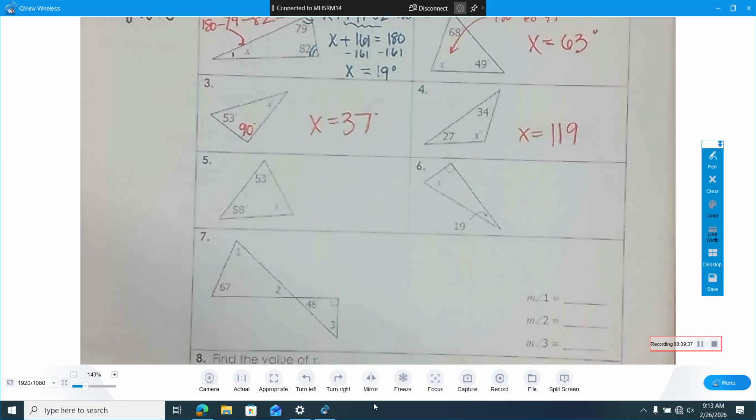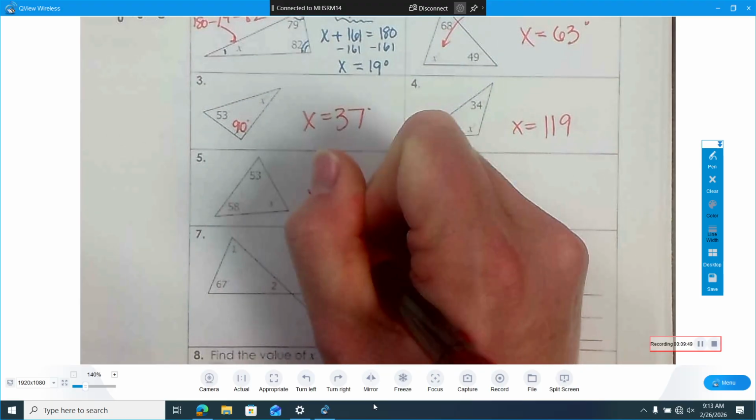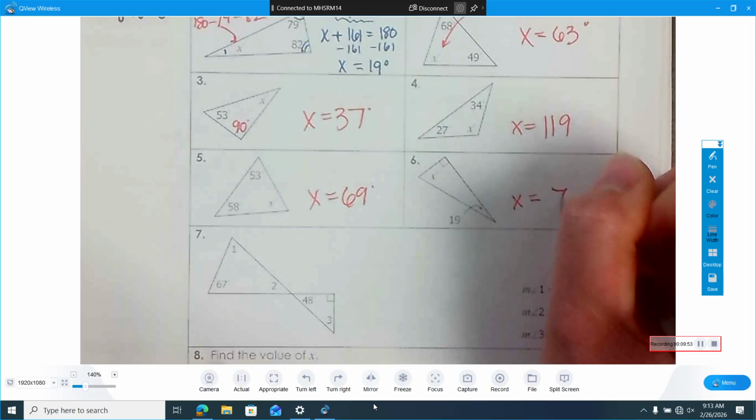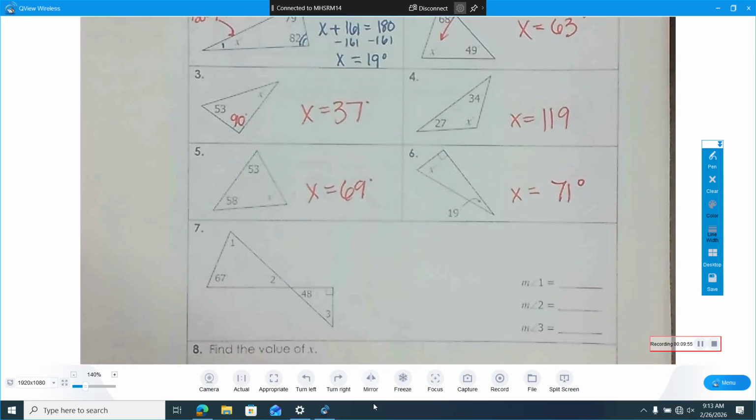Good. Hang on. 7. All right. What'd you get for 5? 69 degrees. What'd you get for 6? 71 degrees. Beautiful.